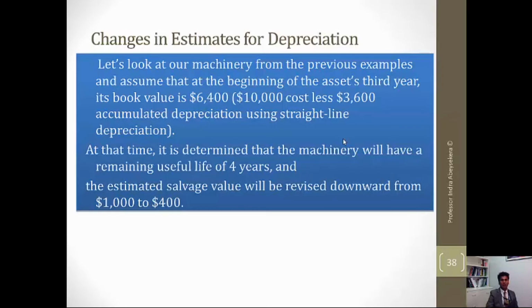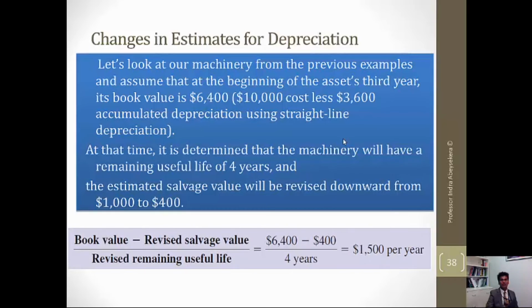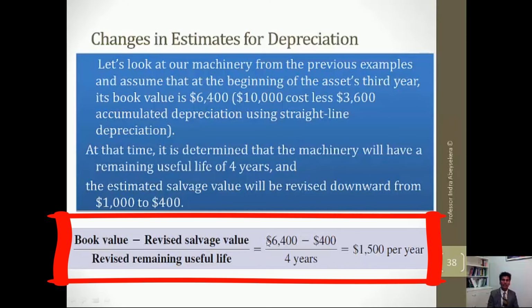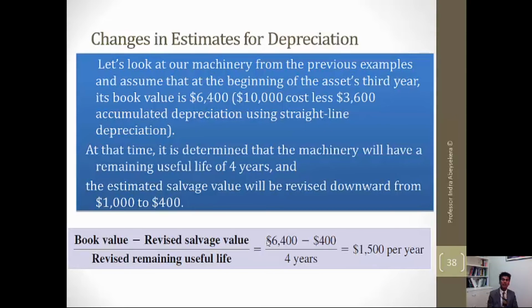Let's take an example. In the 3rd year of a machinery, it has a carrying value of 6,400, and it will have a remaining useful life of 4 years, and the estimated residual value of the asset is not 1,000, it's downgraded to 400. So we take the cost of the asset as it is now, that's 6,400, the carrying value of the asset, cost minus accumulated depreciation.